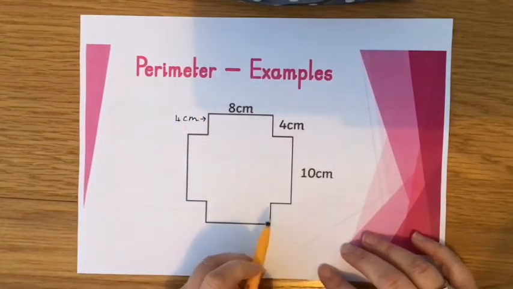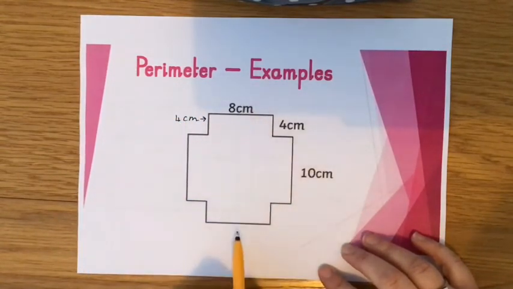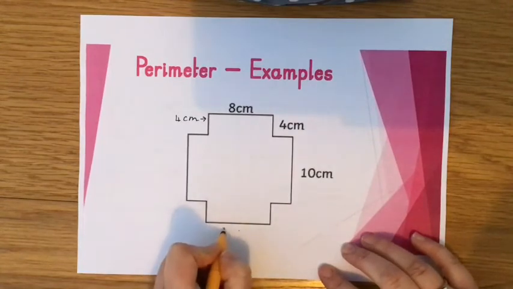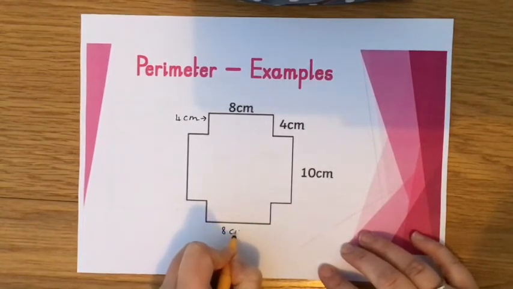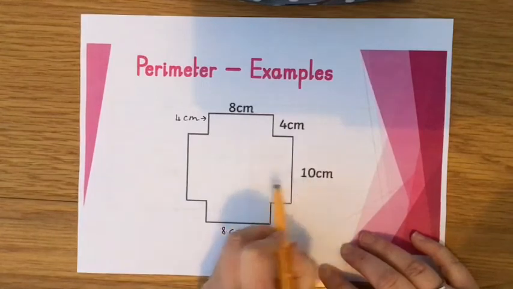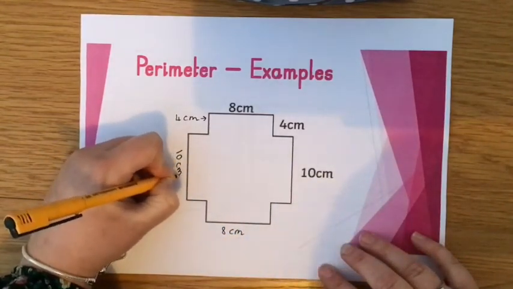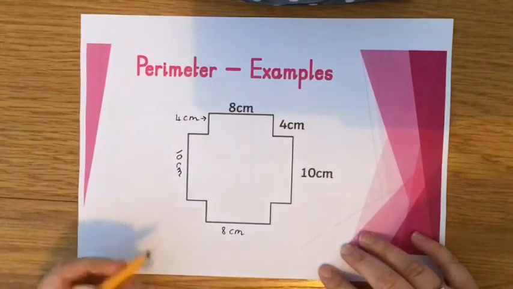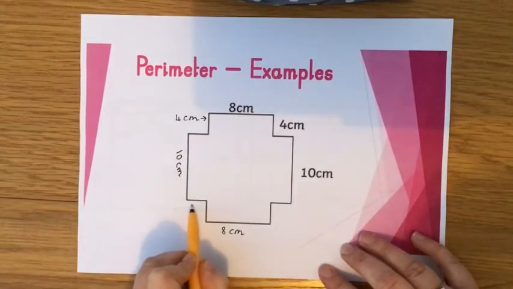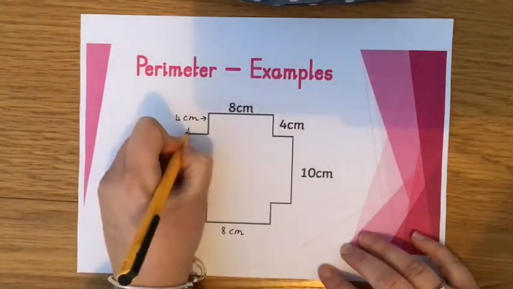Okay, I know that this is going to be 8 centimetres and this side is going to be worth 10 centimetres and all of these edges here are going to be worth 4 as well.